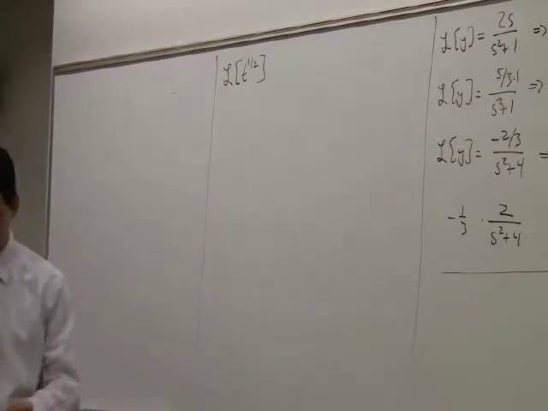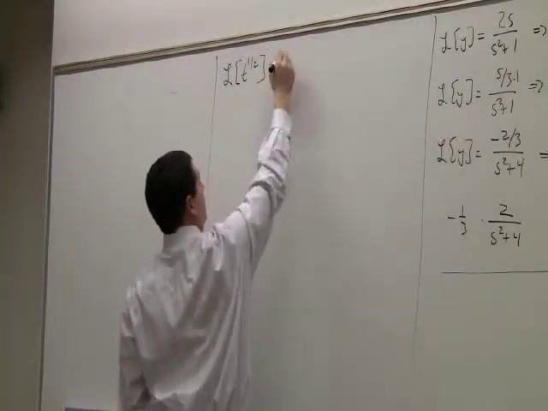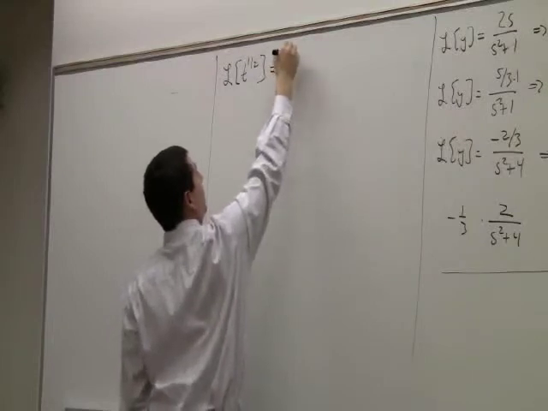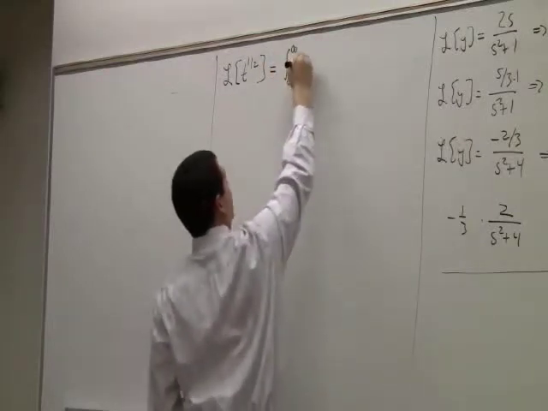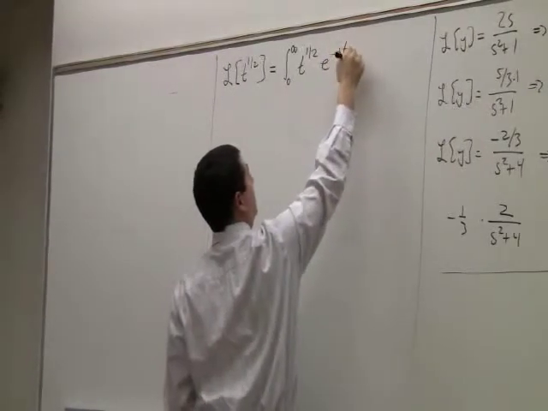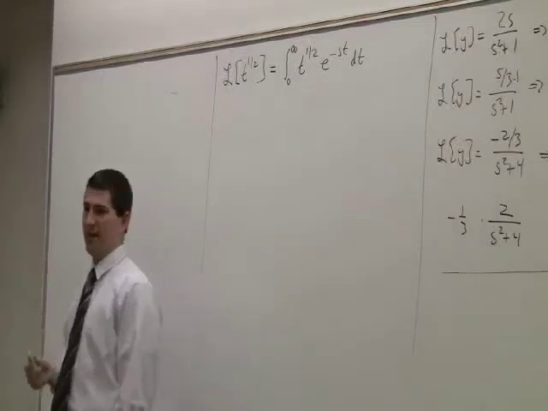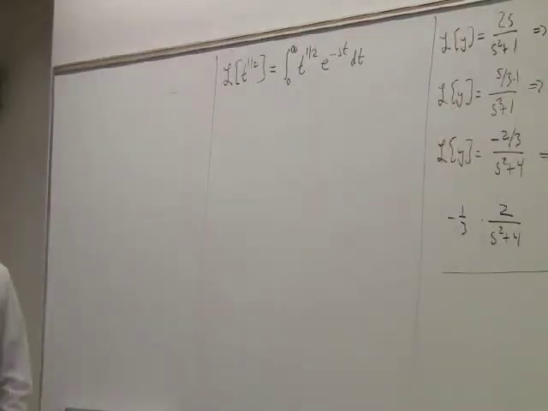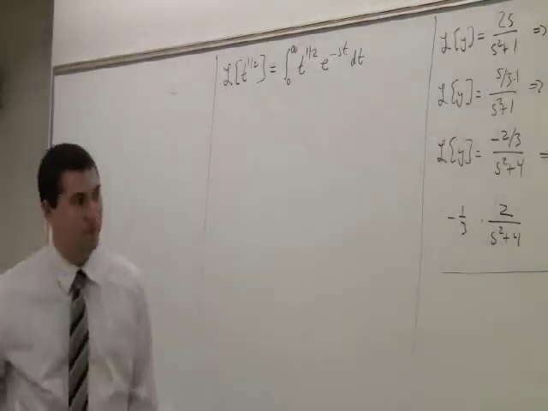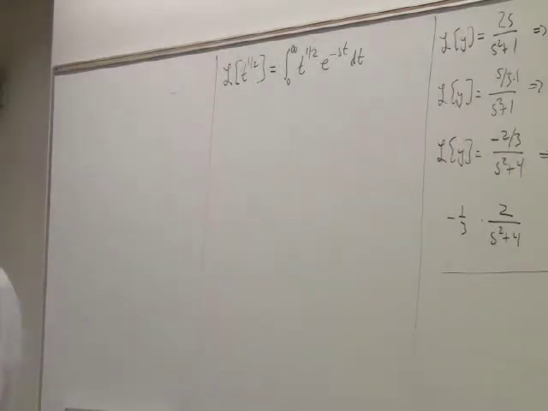We can fiddle with this and just see what happens. So we've got to remember the definition. It's an improper integral, 0 to infinity, t to the 1/2 e to the minus st dt. Note that you'll very often forget this definition because the existence of these tables makes it so you don't need to use the definition, which is always the goal.